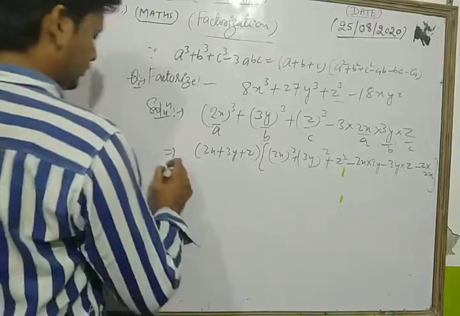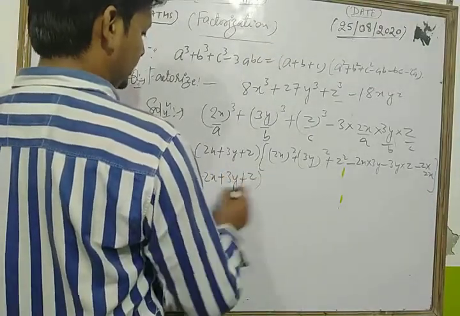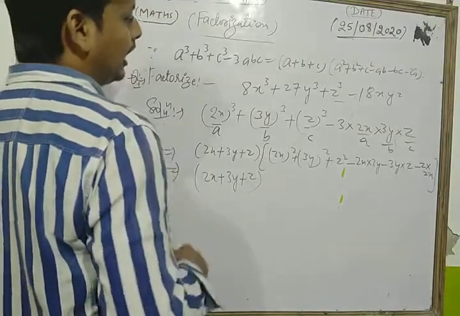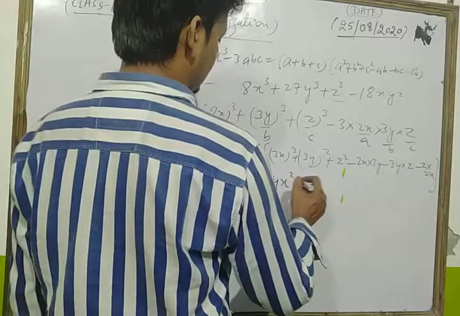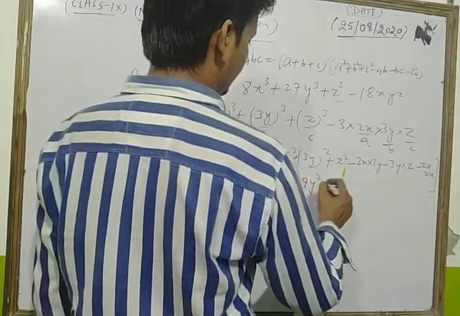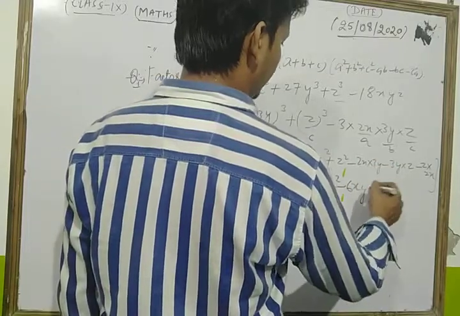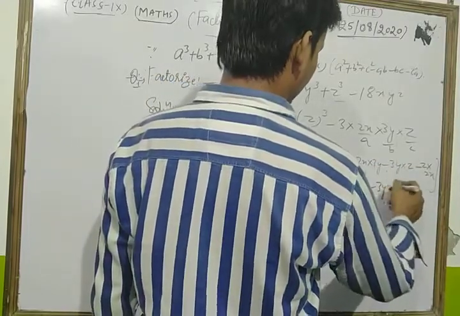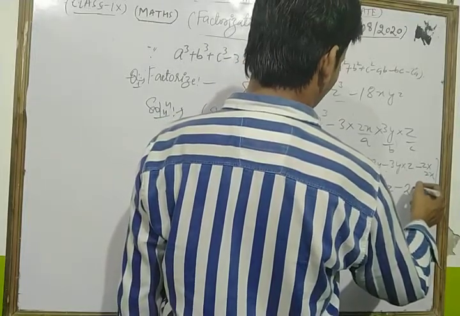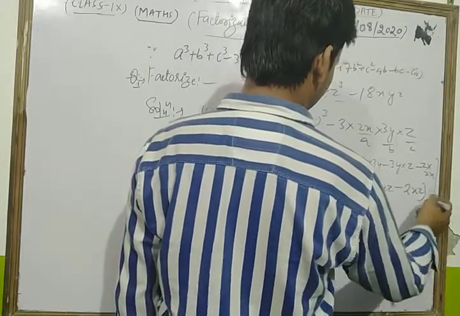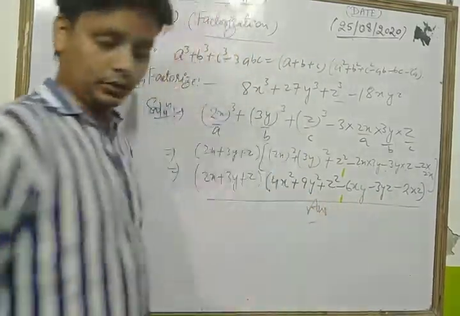Now solving that, we get 2x plus 3y plus z in one bracket and in another bracket 4x square plus 9y square plus z square minus 6xy minus 3yz minus 2xz. So this is our required answer.